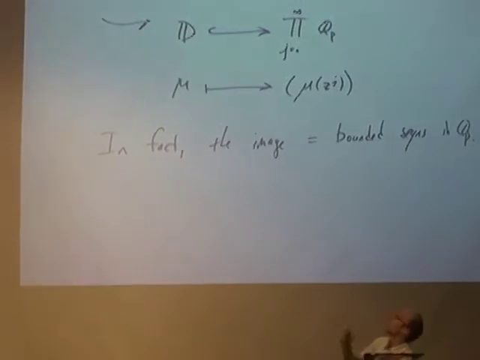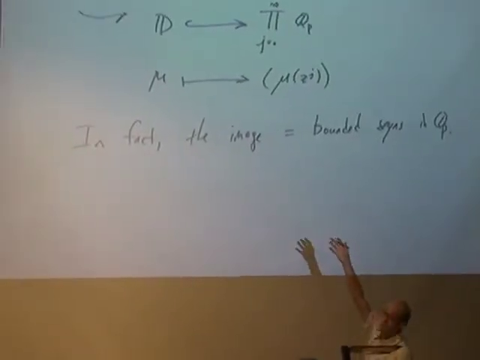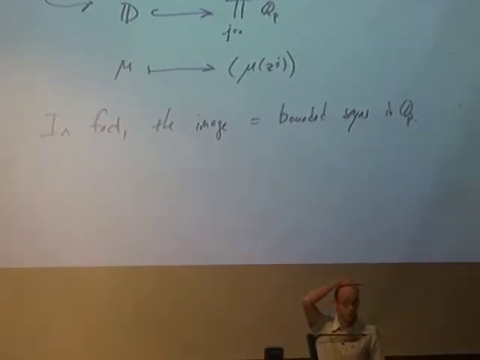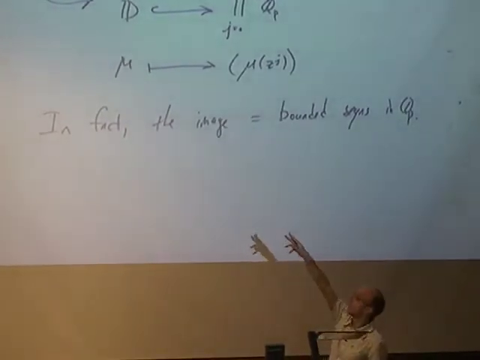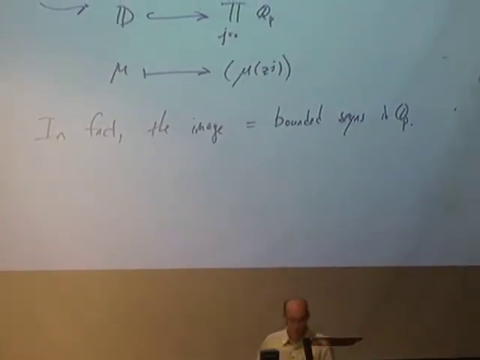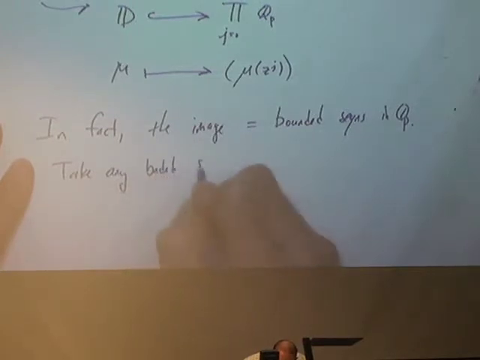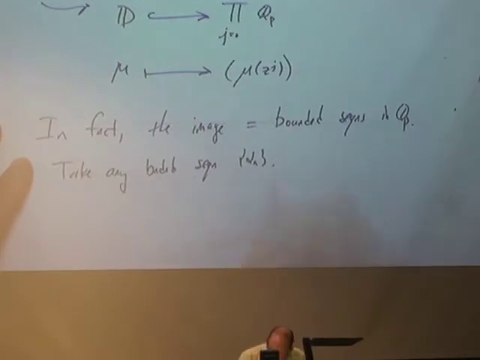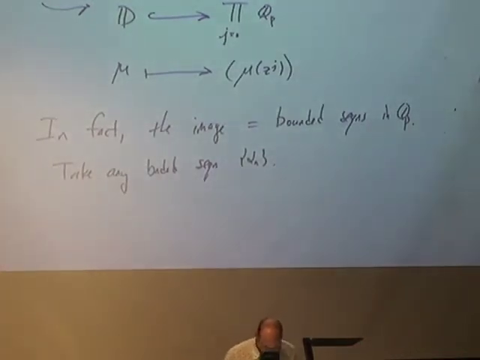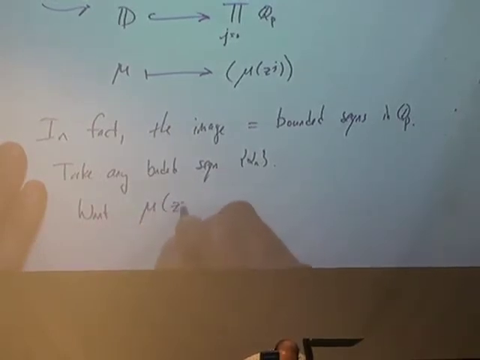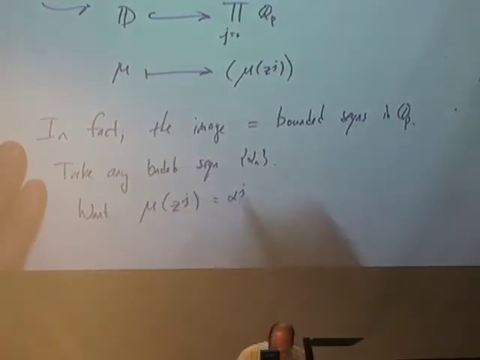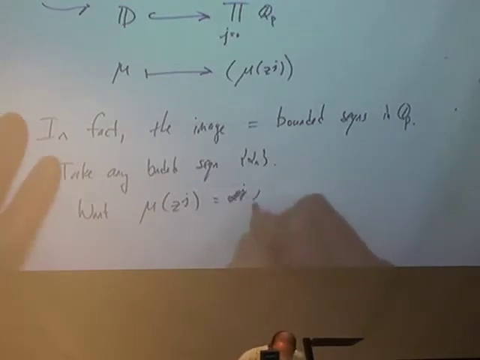And let me at least check one direction of that for you, meaning if I give you a bounded sequence, then there is a distribution that maps to it, and it's not hard to see that every image is in fact necessarily bounded. So take any bounded sequence, say alpha_n, then I want a mu so that mu of z^j is alpha_j.